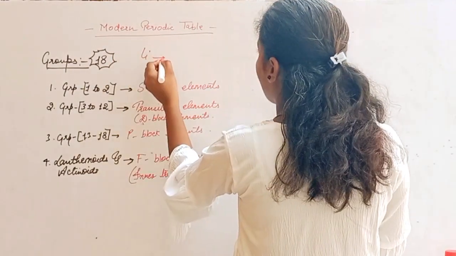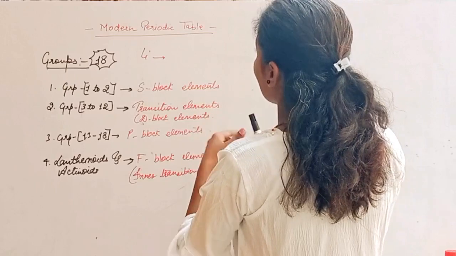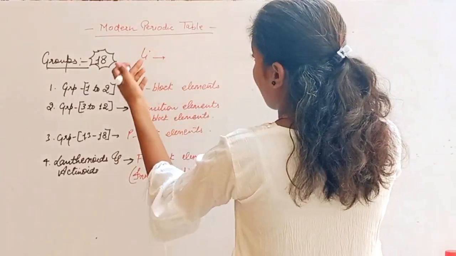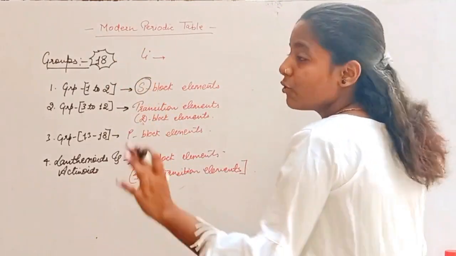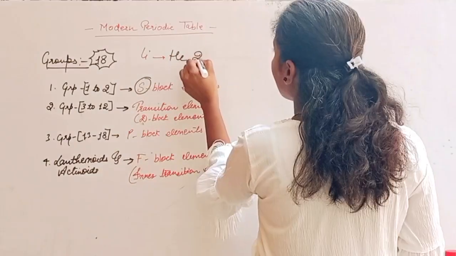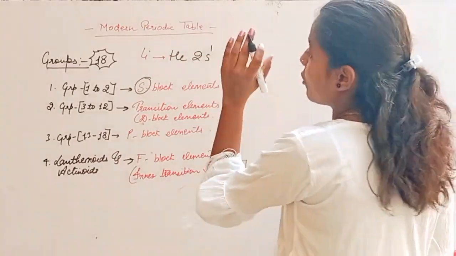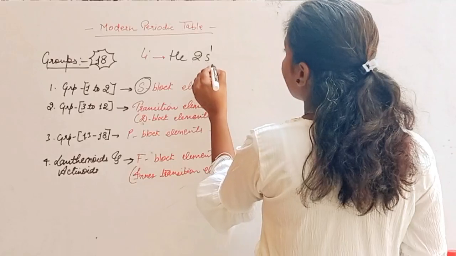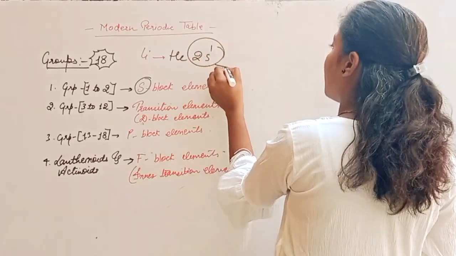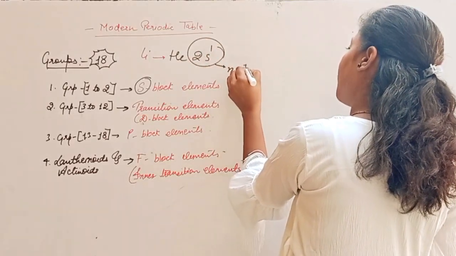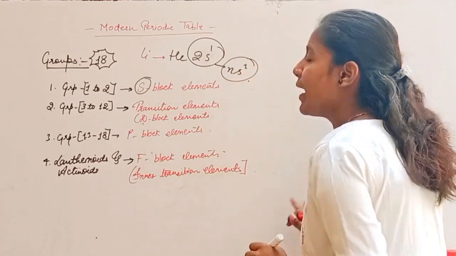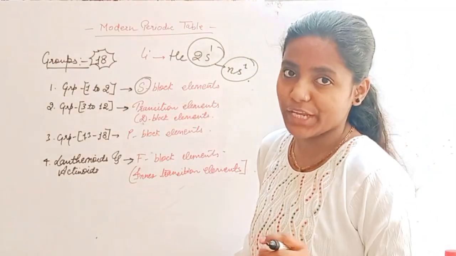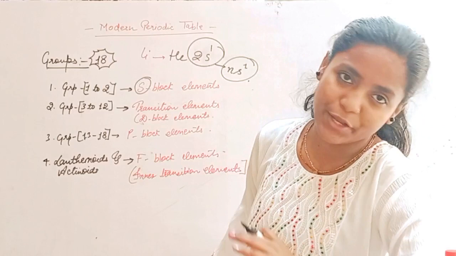Lithium is a part of the S block elements, and it could be written as helium 2s1. This is the valence shell or outermost shell electronic configuration, ns1.